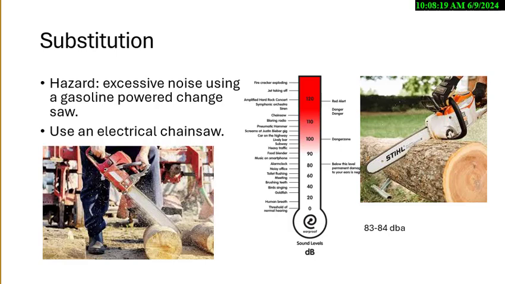Today you can buy battery-powered chainsaws. When I go out there and measure it just running, it's about 83 to 84 decibels, below the industry standard of 85, and below the construction standard of 90 for what they call an effective hearing conservation program.